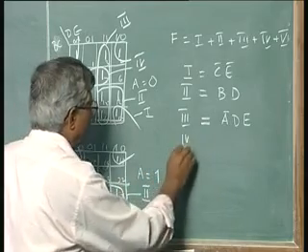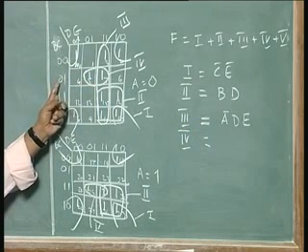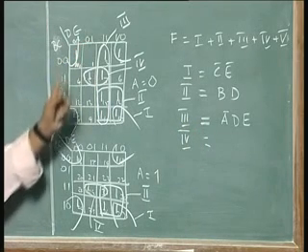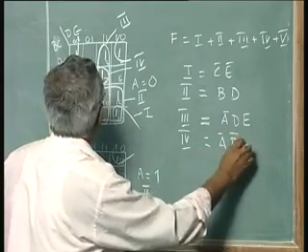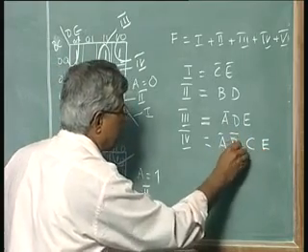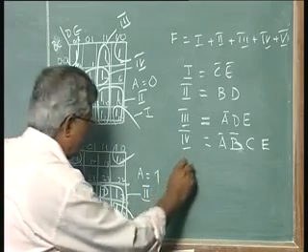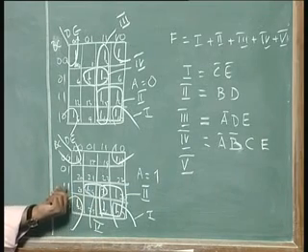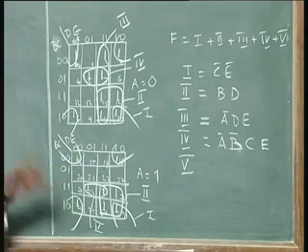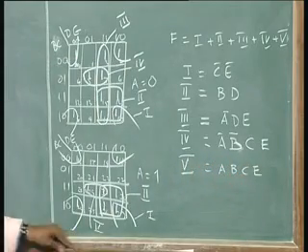4 is again only for this map, the A bar map. 4 is this essential prime implicant, which is B bar C E. It would have been read as B bar C E, but it is found in the A bar part of the map, so it is A bar B bar C E. And finally, this 5th prime implicant is in the A equal to 1 part of the map, which is B C E with an A. Okay?